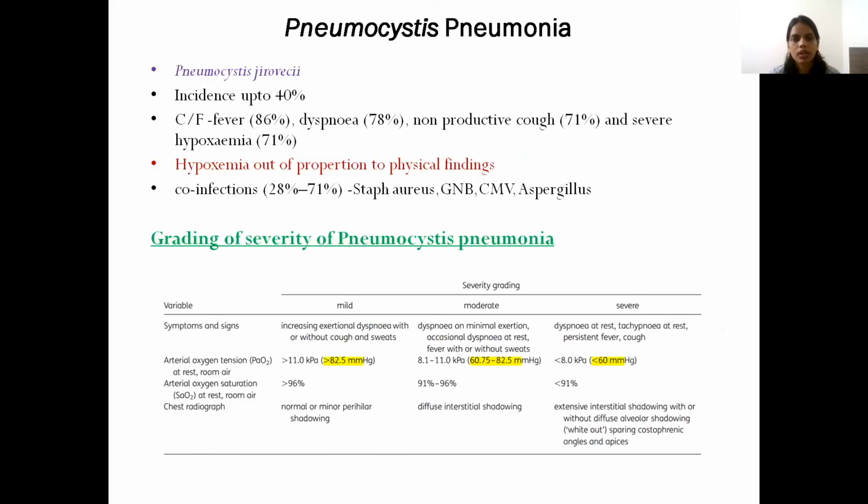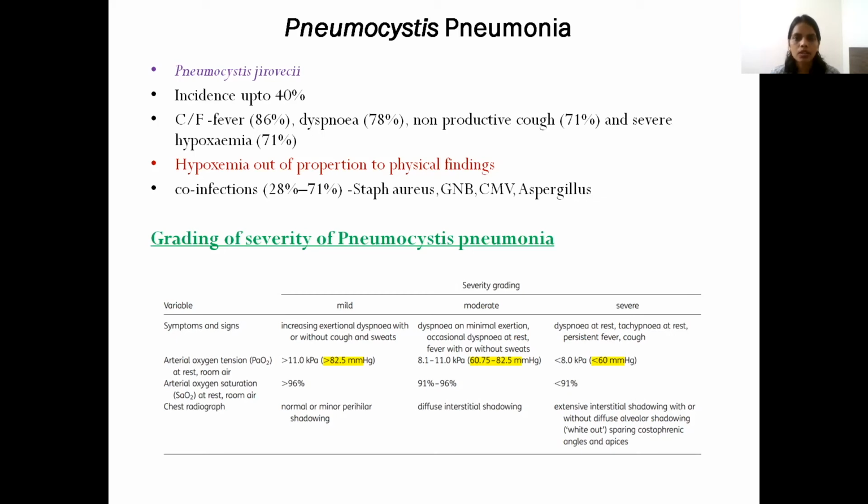Next, we'll be talking about Pneumocystis pneumonia, which is caused by a fungus, Pneumocystis jirovecii. The incidence is up to 40%. It can present subacutely over a period of 2 to 3 weeks with fever, dyspnea, non-productive cough, and severe hypoxemia.